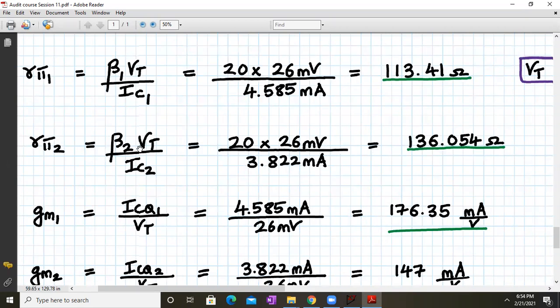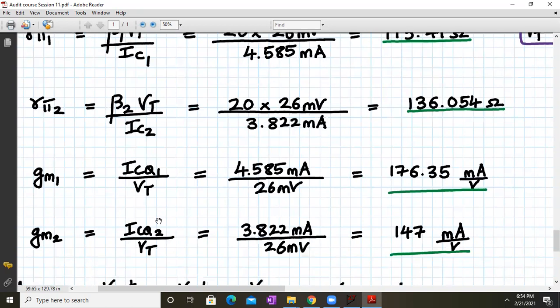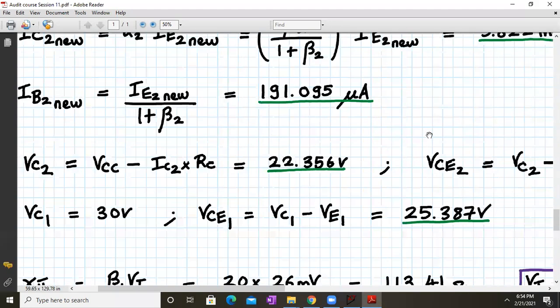Rpi2 will be beta 2 into Vt upon IC2, which will come out to be 136.054 ohms. gm1 will be ICQ1 divided by Vt, which will be 176.35 milliampere per volt. And gm2 will be ICQ2 divided by Vt, that will be 147 milliampere per volt. So these are the values for small signal parameters.